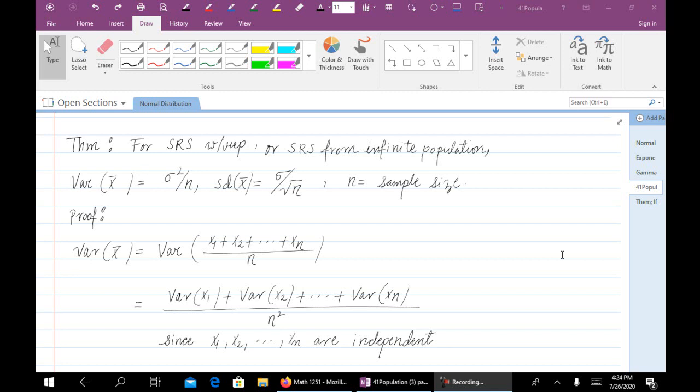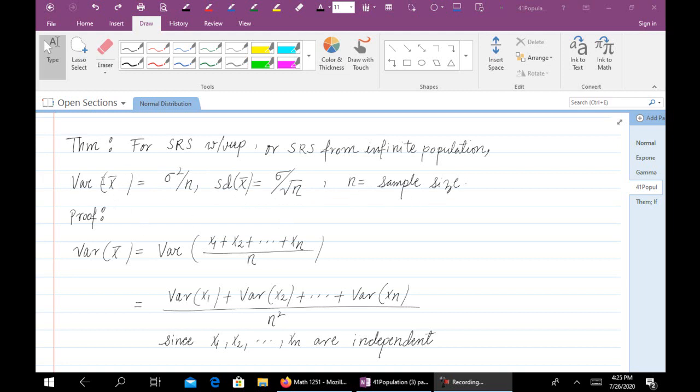So if we have a random sample which is done with replacement from a finite population, or if we pick a random sample from an infinite population, then the variance of x bar would be sigma squared divided by n. And so the standard deviation of x bar would be sigma over root n, which is the square root of the variance. Here n is the sample size.